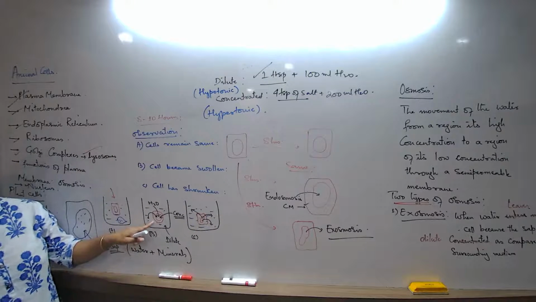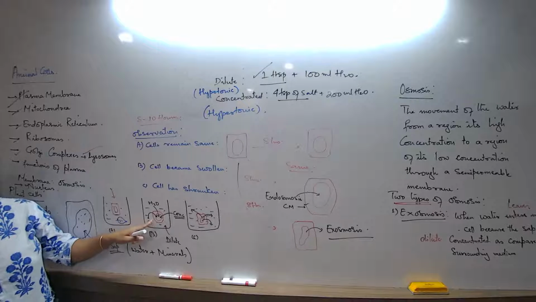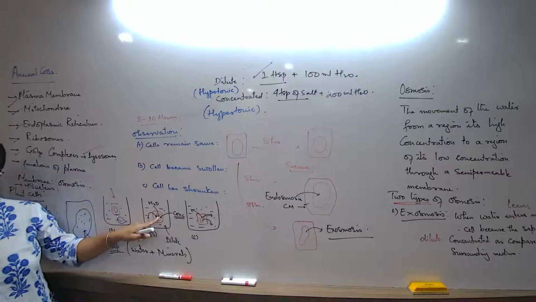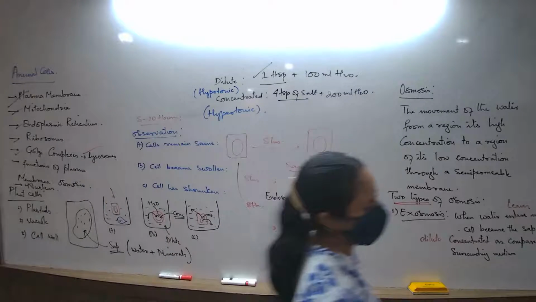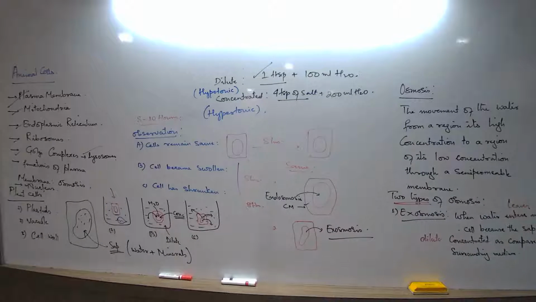Let us compare here. I am saying in this cell, water was entering. Let us talk about this condition. This is a cell. Water is entering. Why is water entering? Because outside is dilute and inside the cell is concentrated.